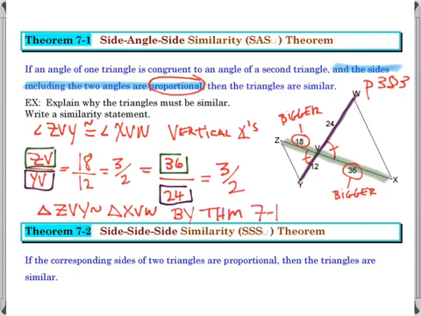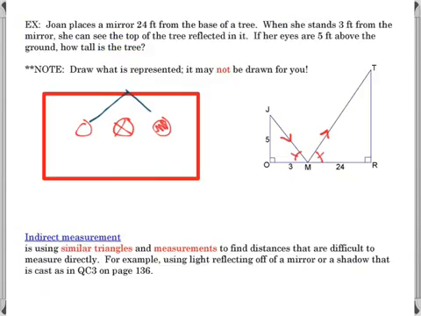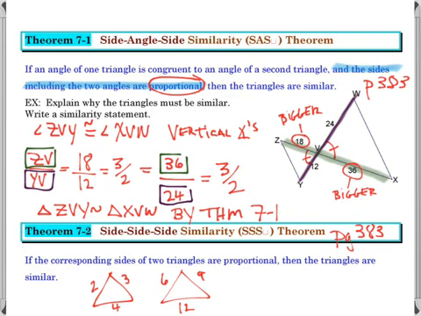Alright? And then the last one at the bottom is side-side-side similarity. So if I have two triangles where all the sides are in proportion, then I'm going to say that they're similar. If we look back at this piece, we can see that this is 3 times bigger, 3 times bigger, 3 times bigger, so they're going to be proportional.